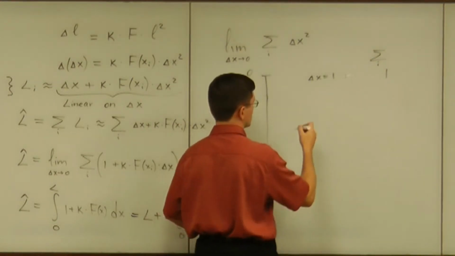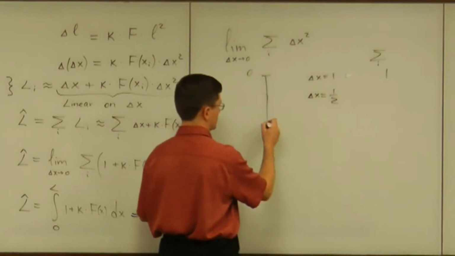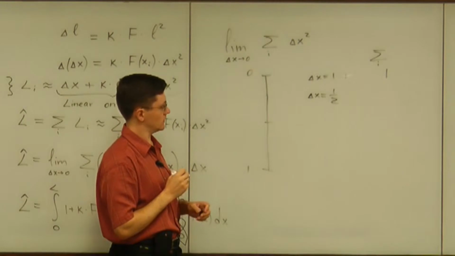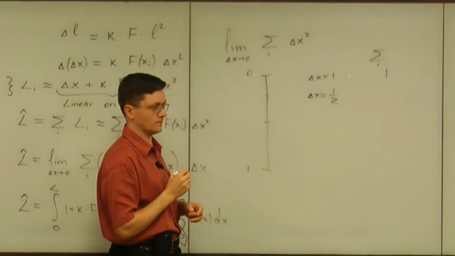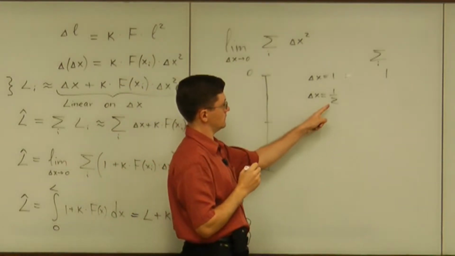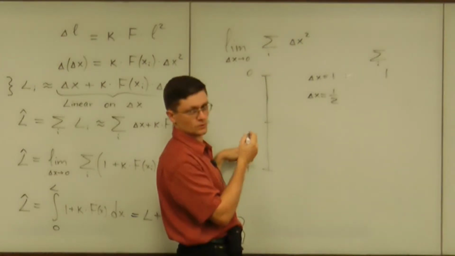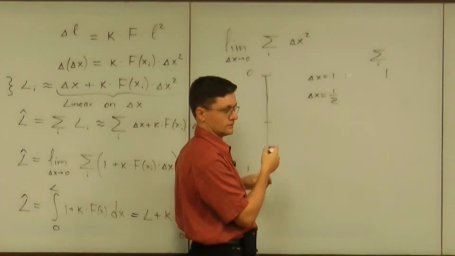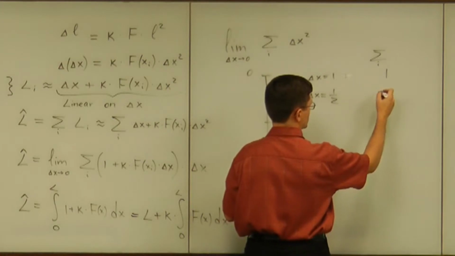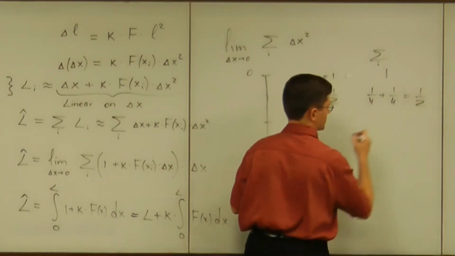Now if delta x equals a half, I subdivide into 2 halves. What's going to be the sum? I have 1 half squared plus 1 half squared. A quarter plus a quarter, so it's a half.